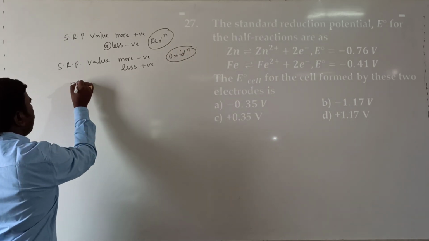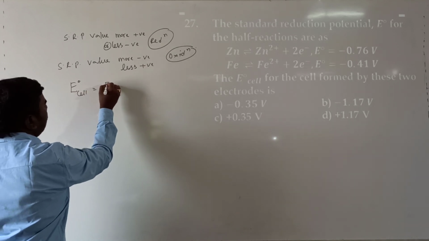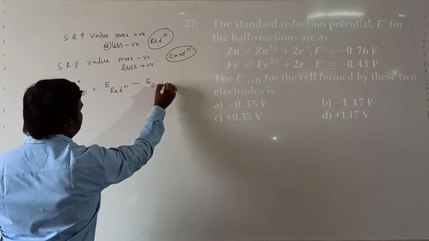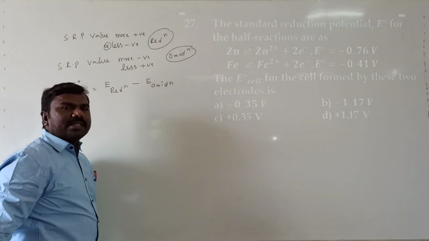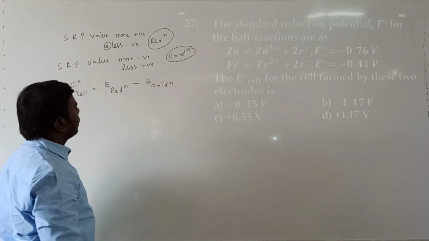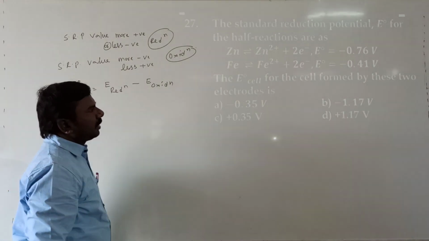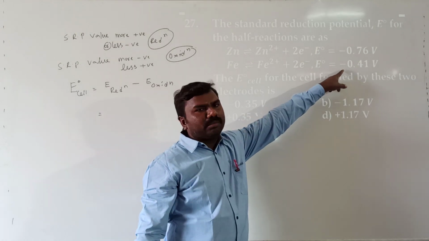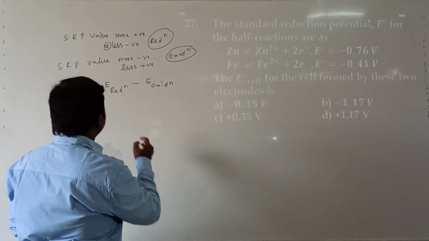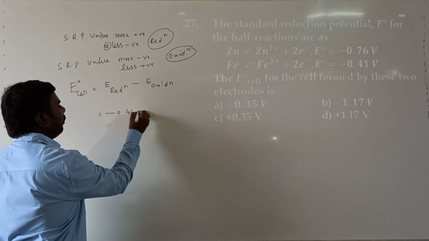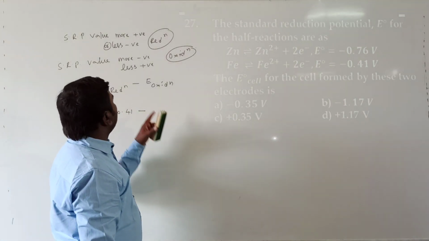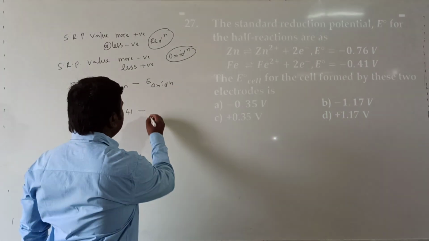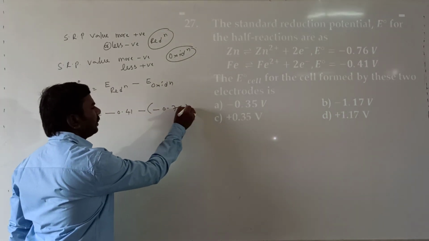So E0 cell equals E reduction minus E oxidation, where E indicates the SRP value, the standard reduction potential. Here, more positive or less negative is minus 0.4, and more negative or less positive is minus 0.76.